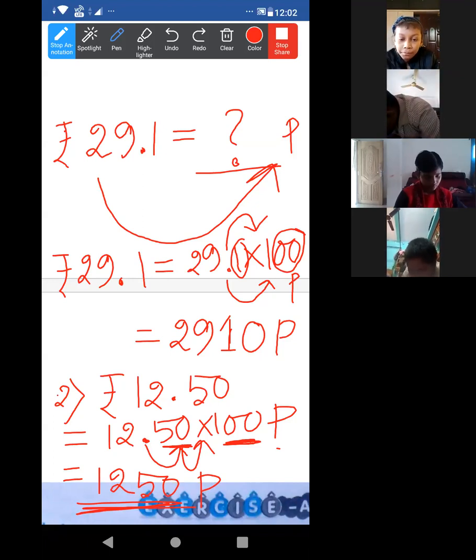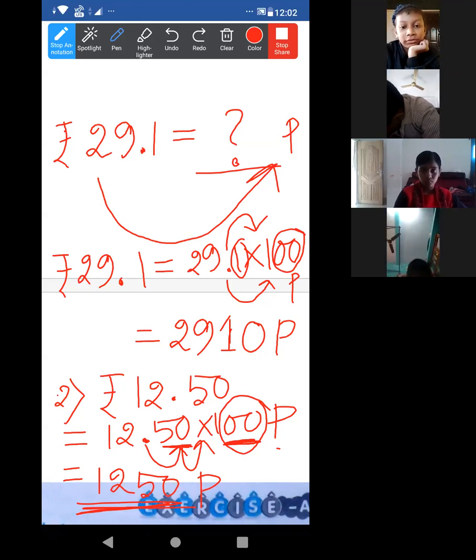No, look at this. How many zeros are there in 100? 2. So that's why this decimal point will move 2 places to the right. Understood? Now 2 places move means, look, already the 2 digits are there, 5 and 0 itself. So the decimal point will be at the last here, yes or no?